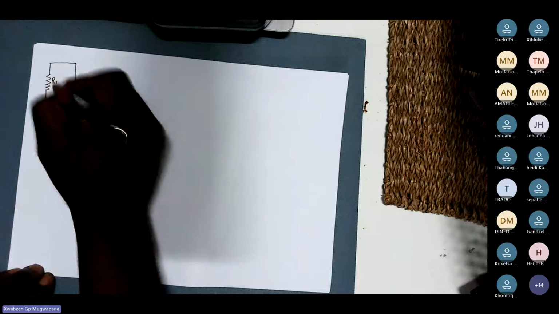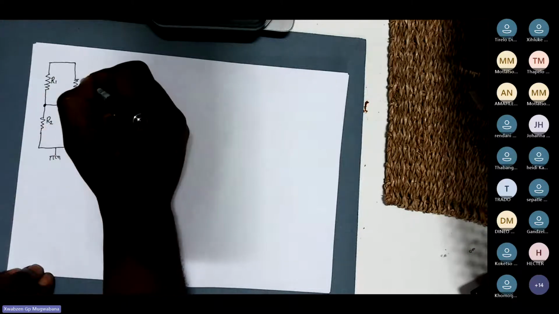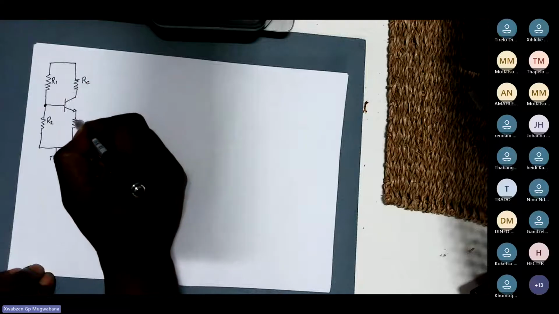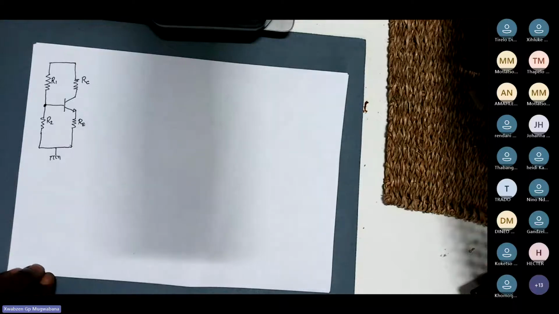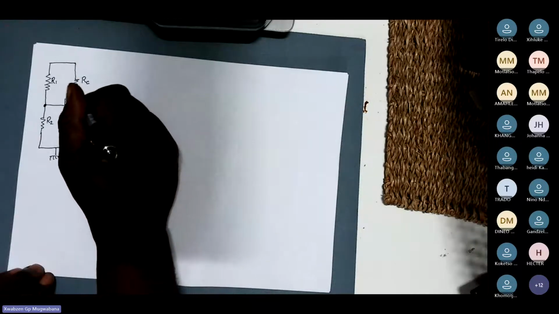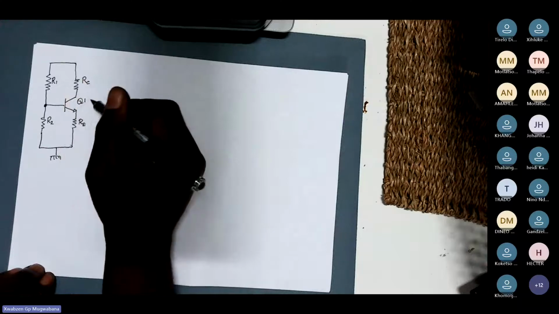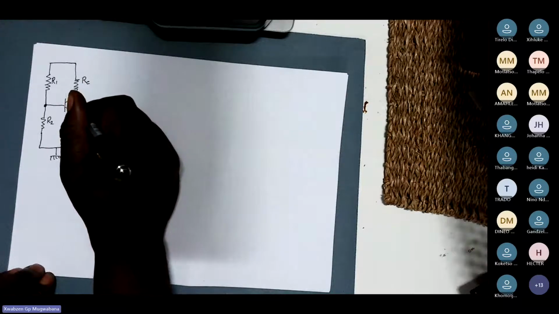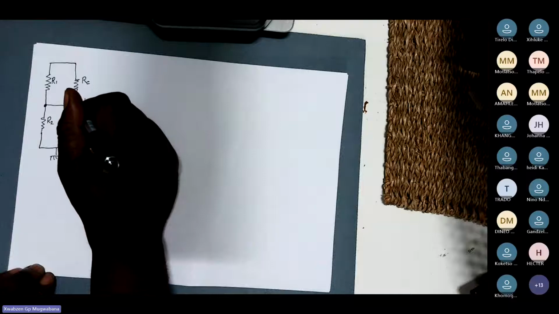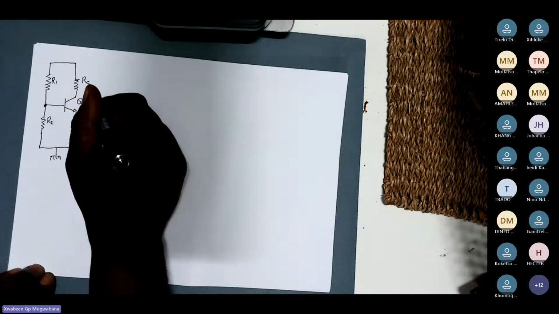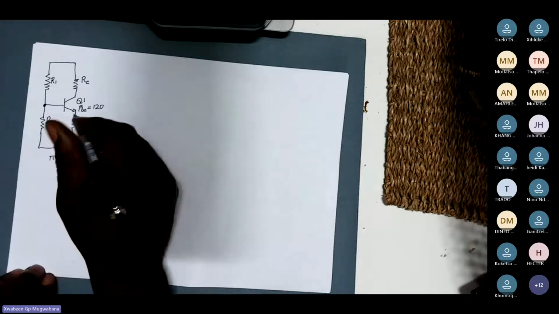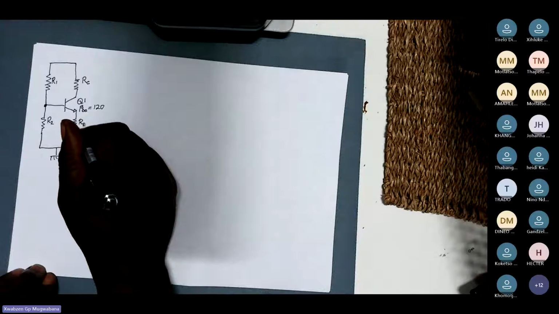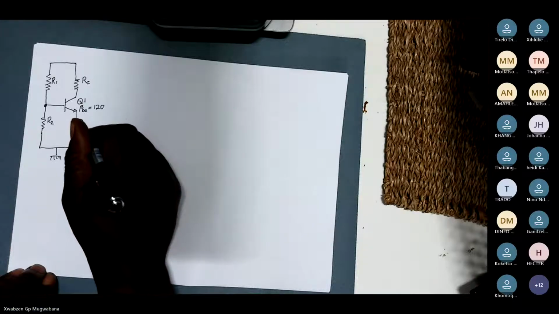Whereby this is your R1, this is your R2, this is your RC, and that is your RE. Then you have got your Q1, which is your transistor. Let's assume that beta DC of this transistor is given as 120. Then our RE, for example, is given as 1,2 kilo ohms.